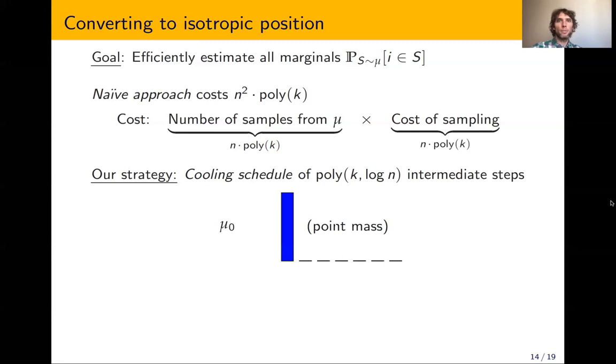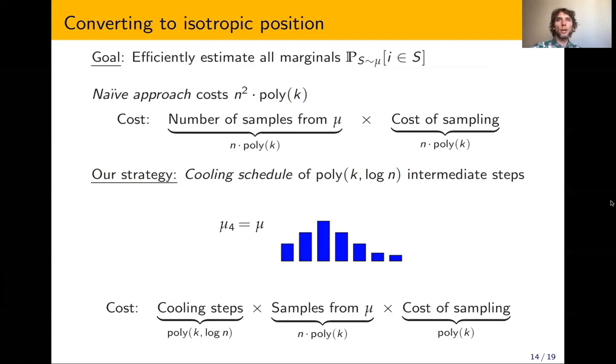And so we can use our poly k sampler. As the distribution is gradually transformed, we keep updating our marginal estimates so that they always remain sufficiently accurate for the accelerated sampler to work until we finally end up at mu. We show that poly k log n cooling steps is sufficient. And as a result, the overall cost of estimating the marginals becomes nearly linear in n instead of quadratic.